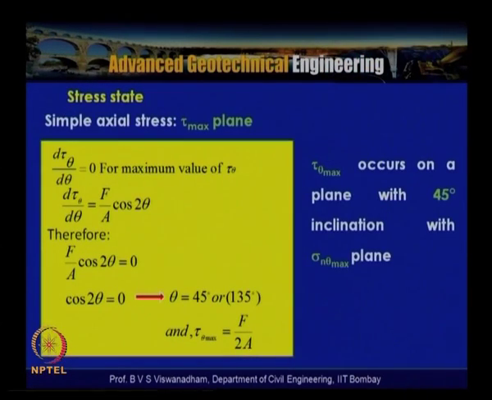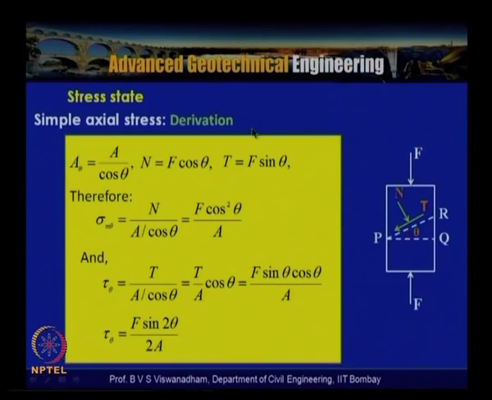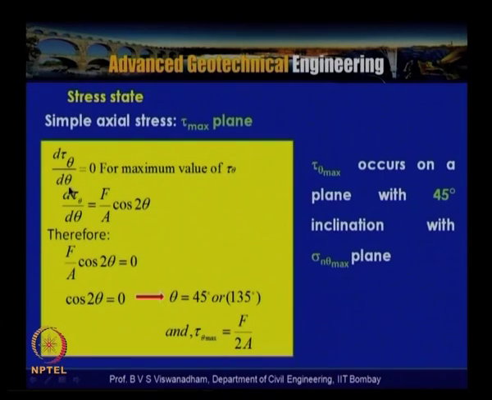Now, in order to locate the maximum shear stress, we can find the angle of the plane over which this shear stress is maximum. We obtain that by differentiating tau theta with respect to theta. d tau theta by d theta is equal to 0 for the maximum value of tau theta.